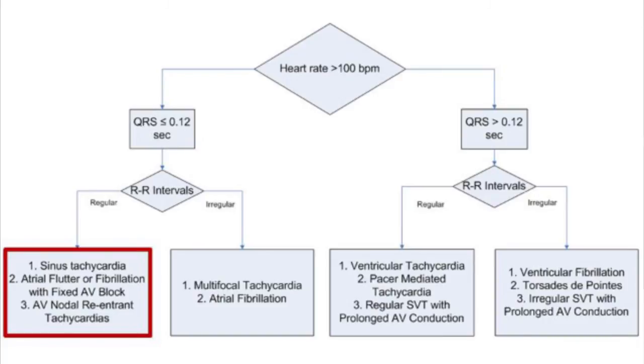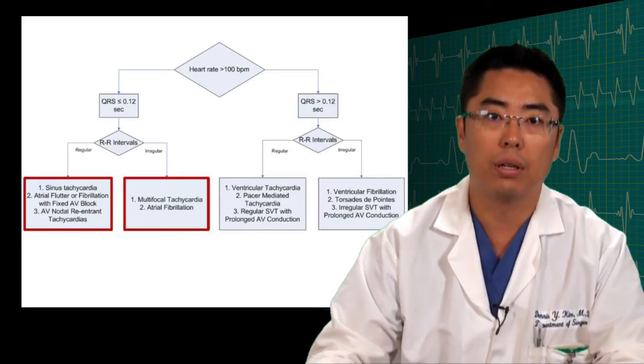In patients with irregular RR intervals and a narrow QRS complex, the two types of tachycardias we'll be talking about today are number 1, multifocal tachycardia, and number 2, atrial fibrillation, as well as atrial flutter.